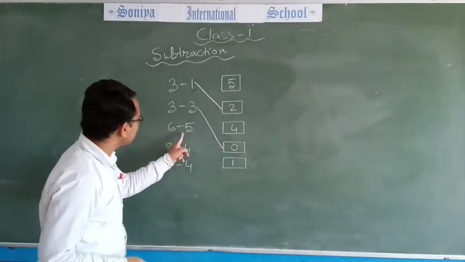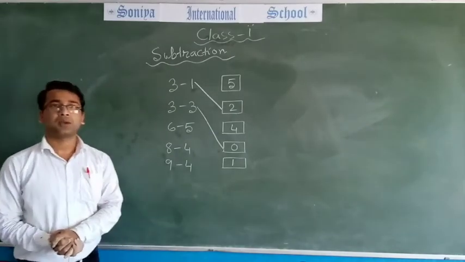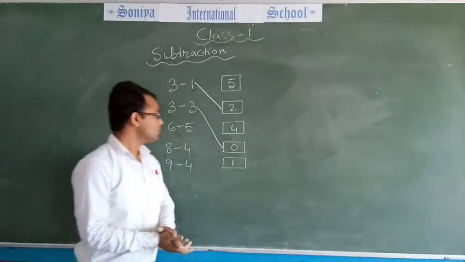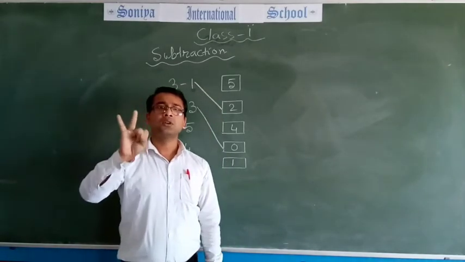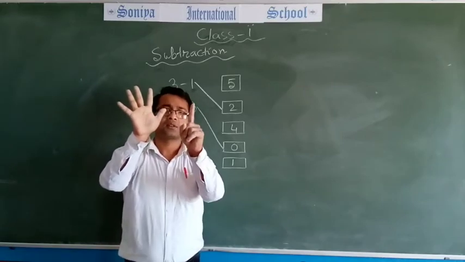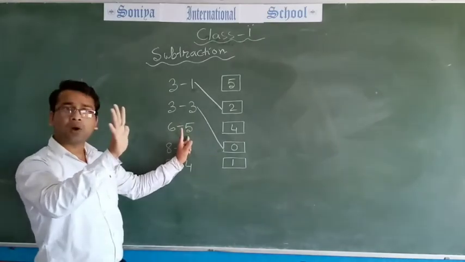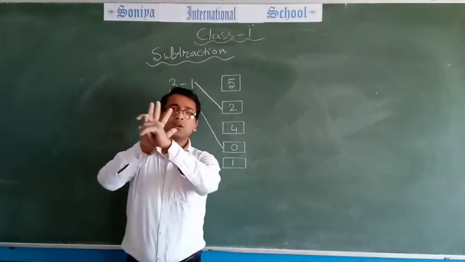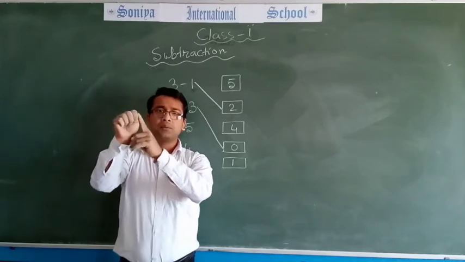Now 6 minus 5. Again count fingers. 1, 2, 3, 4, 5, 6. Is that clear? And how many fingers left? 5 fingers. Then 1, 2, 3, 4, 5.